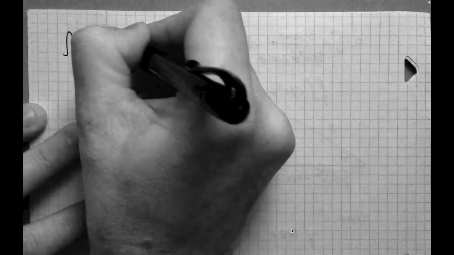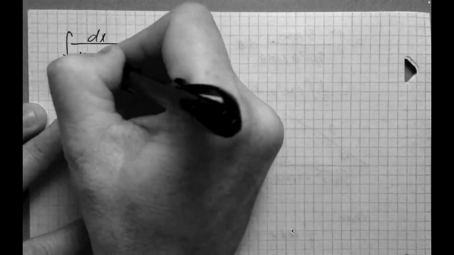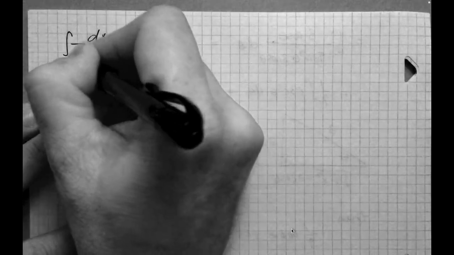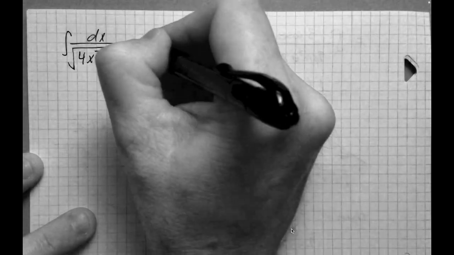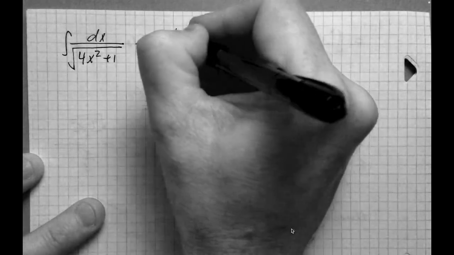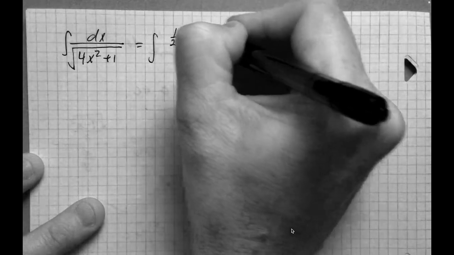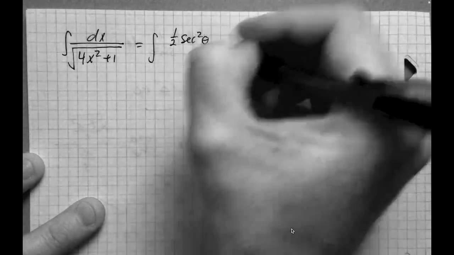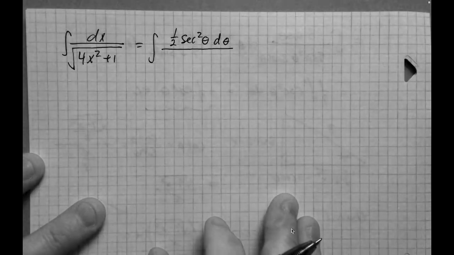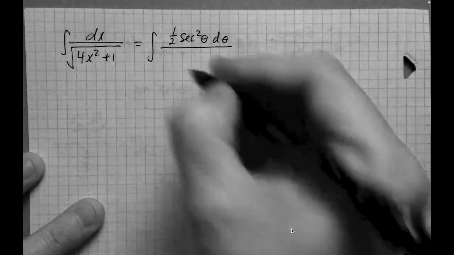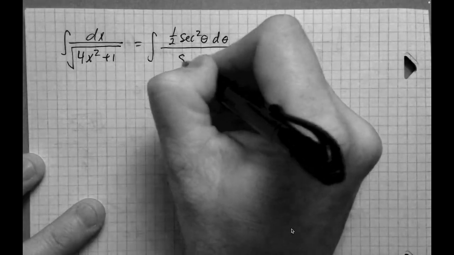All right, so here's what we start with. Here's our opening integral. We have the square root of 4x squared plus 1, and dx on the top. We saw that dx is 1/2 secant squared theta d theta, so this becomes 1/2 secant squared theta d theta on the top. And then the square root of 4x squared plus 1 we just saw was the secant of theta.